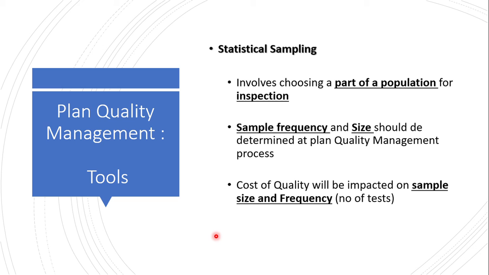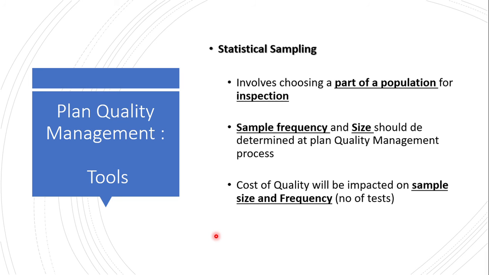And the sampling frequency and the sampling size are to be determined at this stage. How often you are going to take the samples, and what the sample size is for each statistical sampling, can be decided at this planning stage.